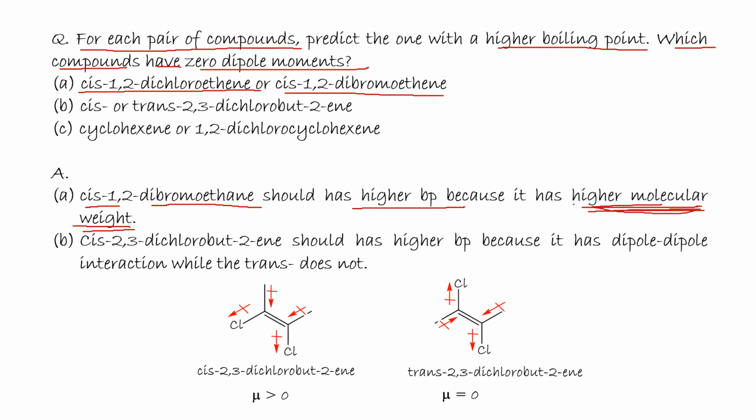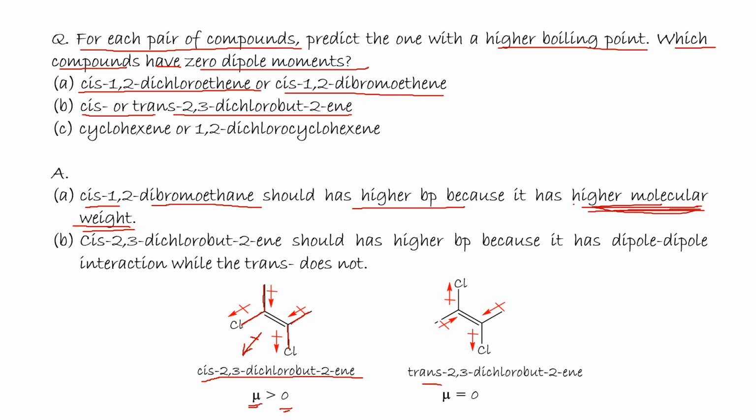Okay, cis or trans 2,3-dichloro-2-butene. For the cis-2,3-dichloro-2-butene, we will find the dipole moment. Methyl is pushing this way, the other methyl is the same, chlorine this way, so it has a total dipole moment this way, higher than 0.